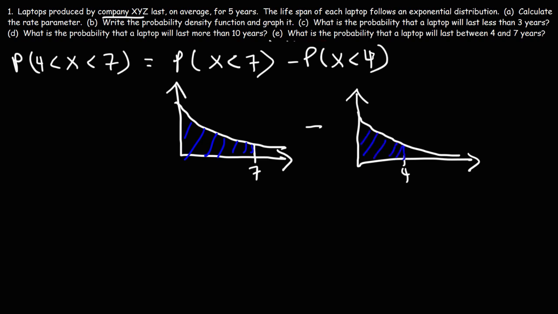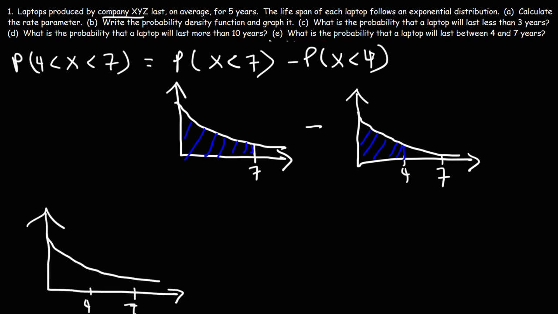So the difference, let's say here's 7. If you take away 4 from 7, you're left with this area here. And that is what we're looking for. So we're going to get this answer. Hopefully you can see that visually.